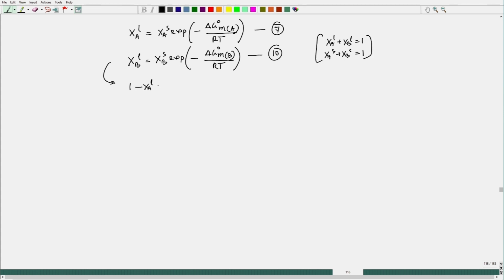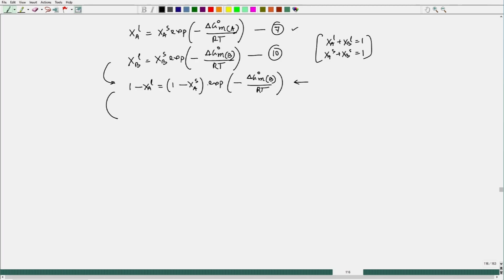Then I can write 1 minus X, everything should be taken in terms of A, AS exponential minus delta G naught M B by RT. Now in this I replace XAL with equation 7.